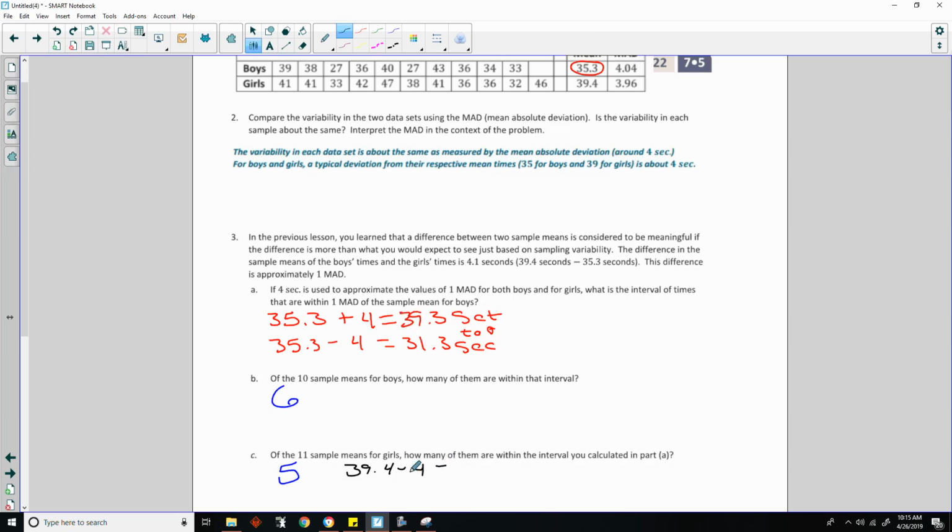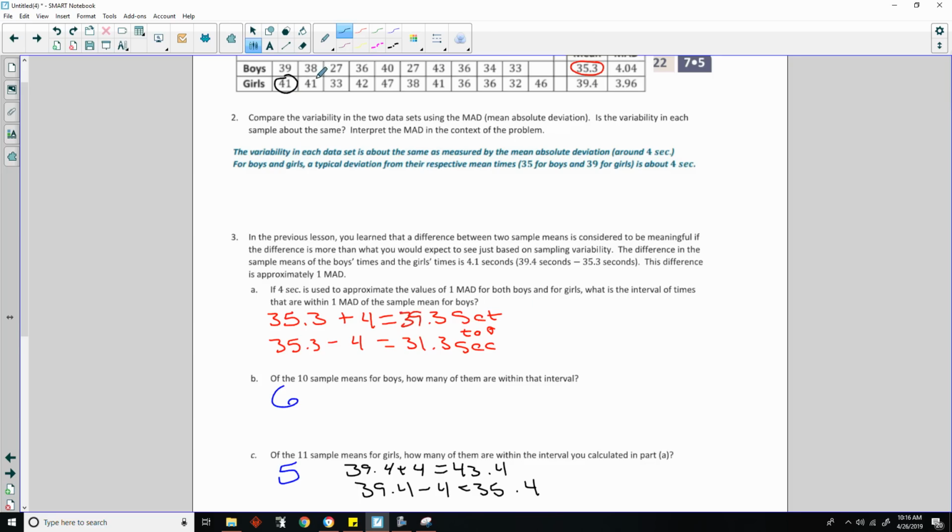So 39.4 plus 4 is 43.4, and 39.4 minus 4 is 35.4. So how many is between 43 and 35.4? That's a 4, not a 9. It always snaps to the point on my 4 if I don't hesitate. Okay, 35.4 to 43.4.